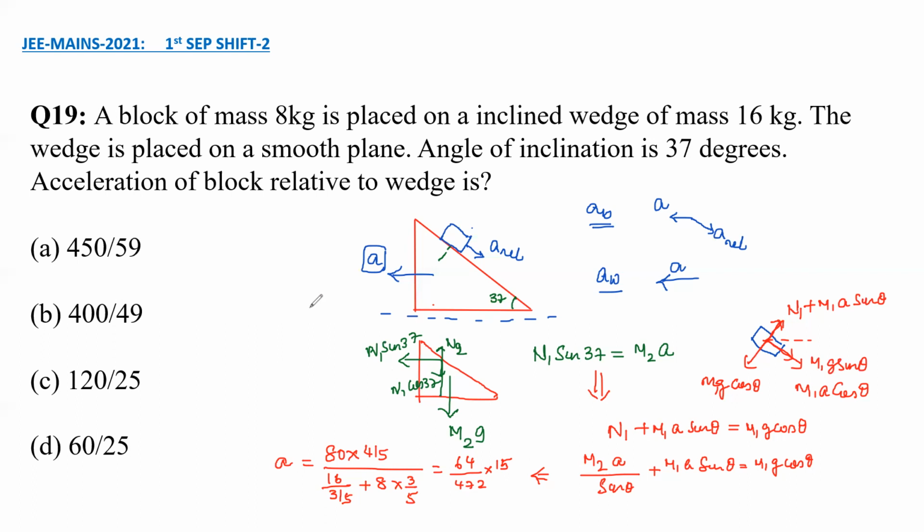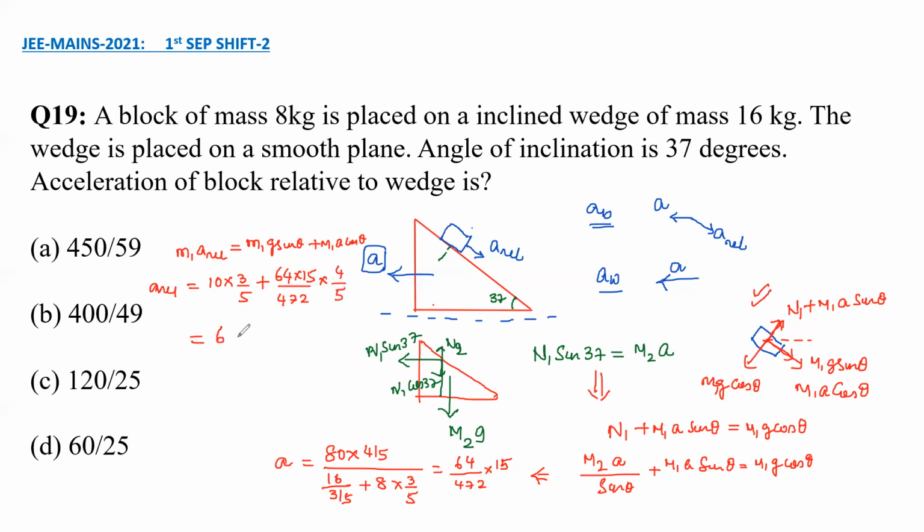Now let us find out the A relative from the free body diagram I have drawn here. So simply M1 into A relative is equal to M1G sine theta plus M1A cos theta. So A relative is nothing but G sine theta, that is 10 times 3 by 5, which is nothing but 6, plus A cos theta, which we have got 64 into 15 divided by 472 into cos 37, which is 4 by 5.